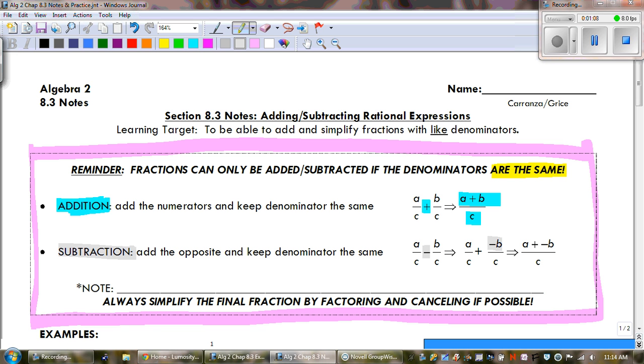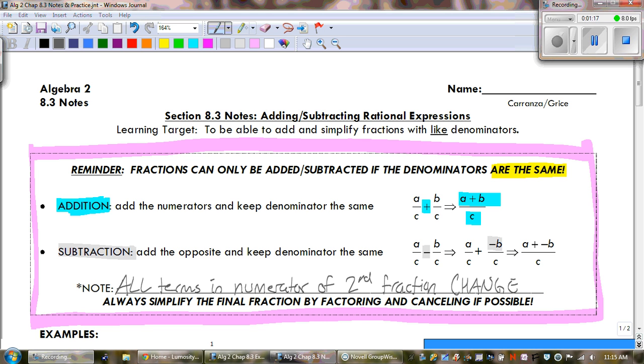Just note that all terms in the numerator of the second fraction change. If they're positives, they turn to negative. If they're negative, they turn to positive. All right, let's go through some examples.